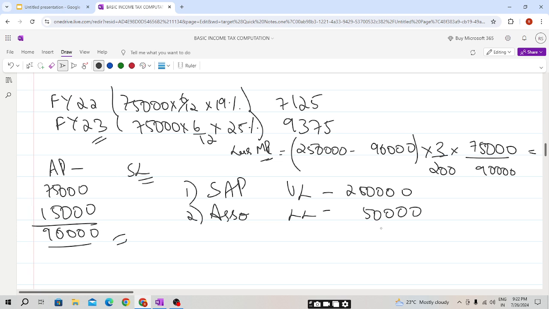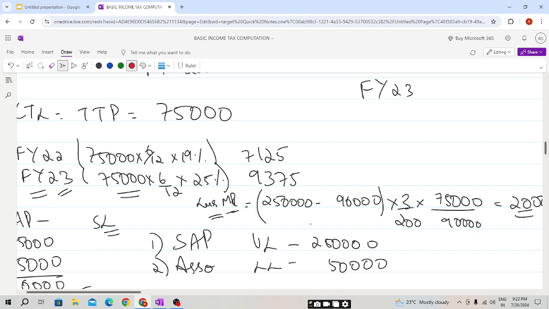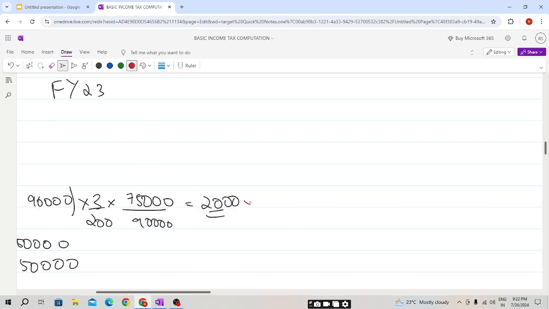The marginal relief is 2,000. Now students, as we know that the marginal relief will be available for finance year 23, and for that finance year we have only 6 months. See, the TTP we have apportioned, and the rate also, but we have not apportioned the marginal relief. We need to apportion the marginal relief also. It will be 6 divided by 12.